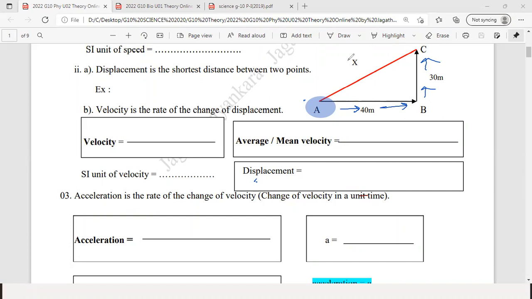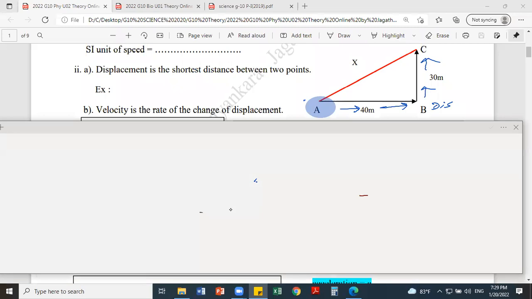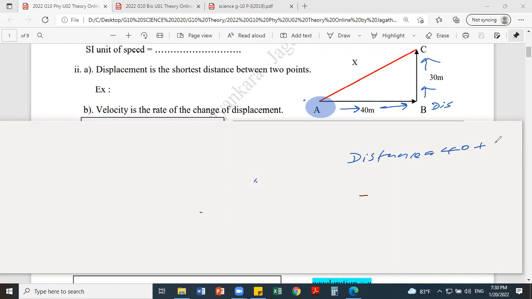Very good. So distance equals 70 meters. Please write it somewhere in this space. Distance equals 40 plus 30, then you get the answer, 70 meters.